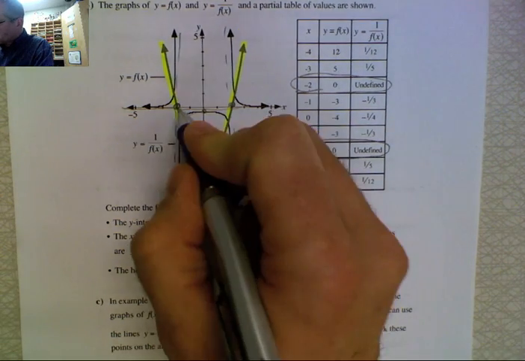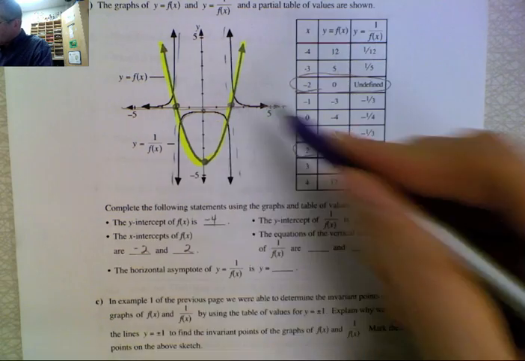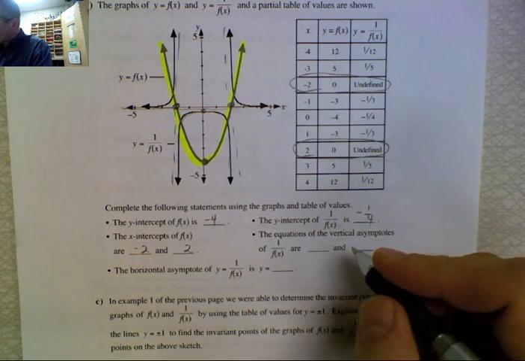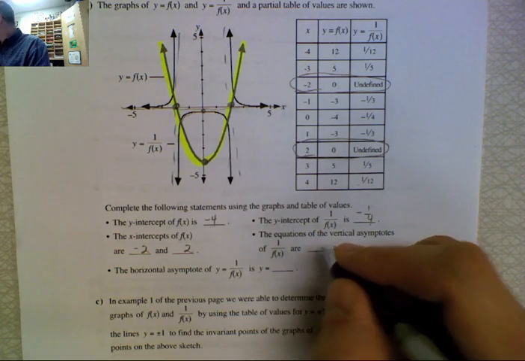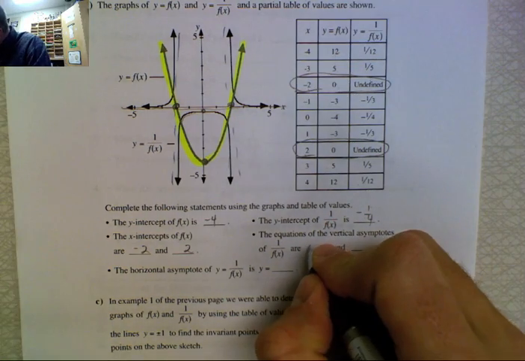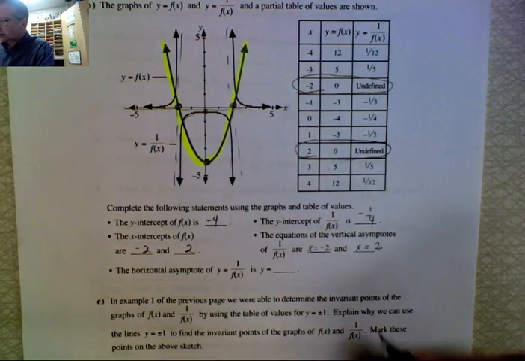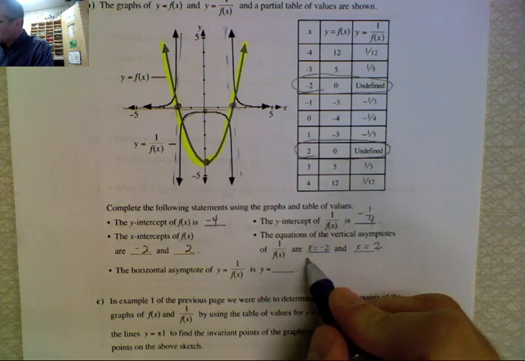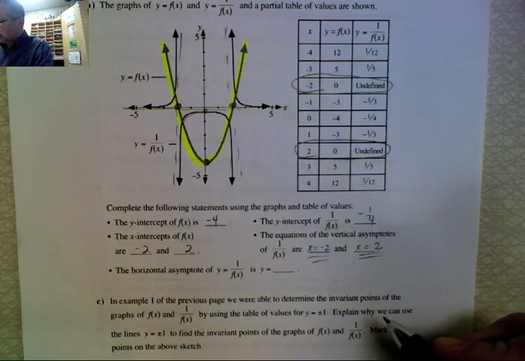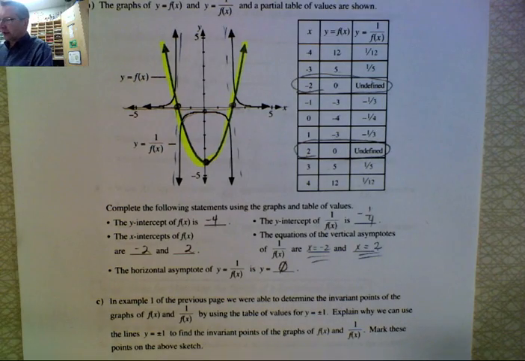The x-intercepts of the original graph are at -2 and +2. So we have vertical asymptotes at x equals -2 and x equals +2. Remember that asymptote is written as an equation. The horizontal asymptote is again at y equals 0.